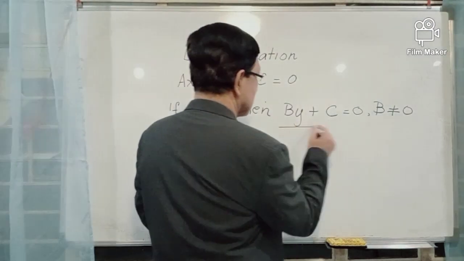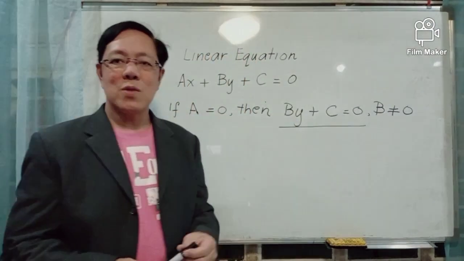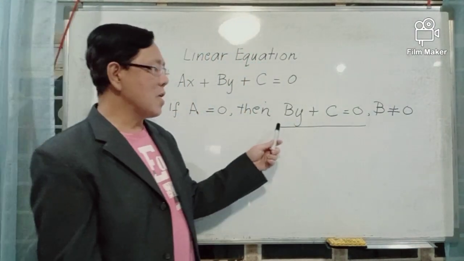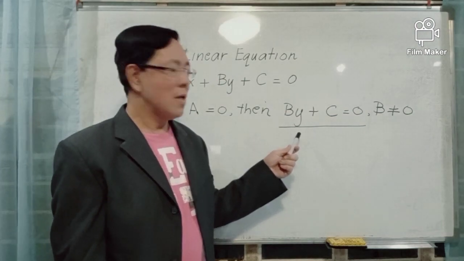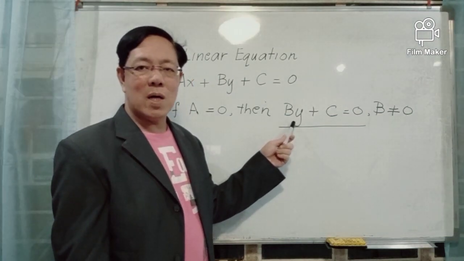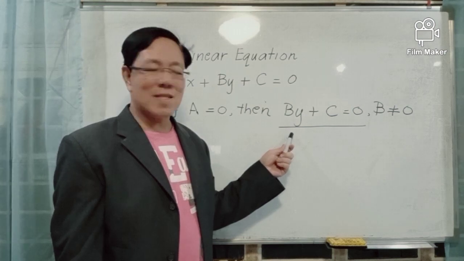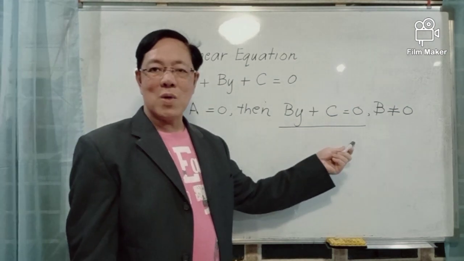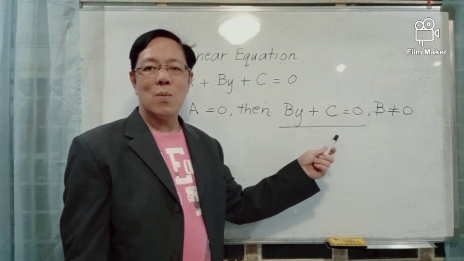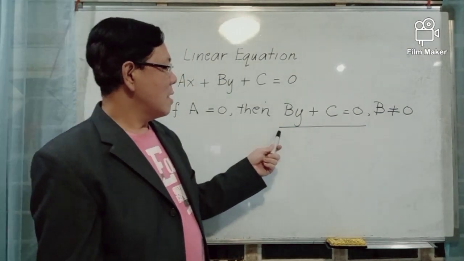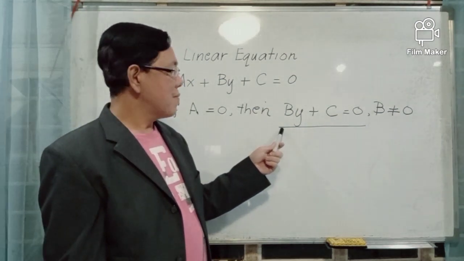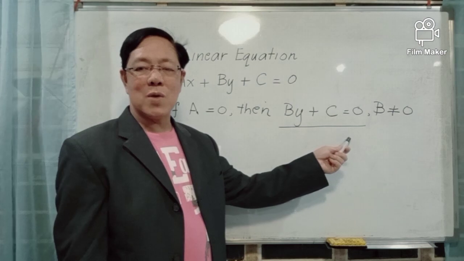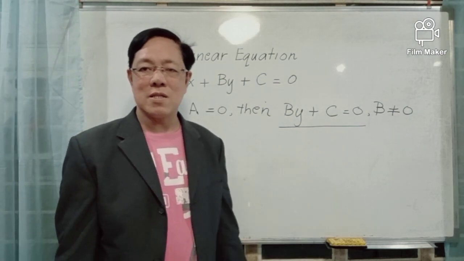And this is what we call a linear equation in only one variable, and the variable is y. We say that this linear equation is linear in y. And the graph of this linear equation in y is a straight line.